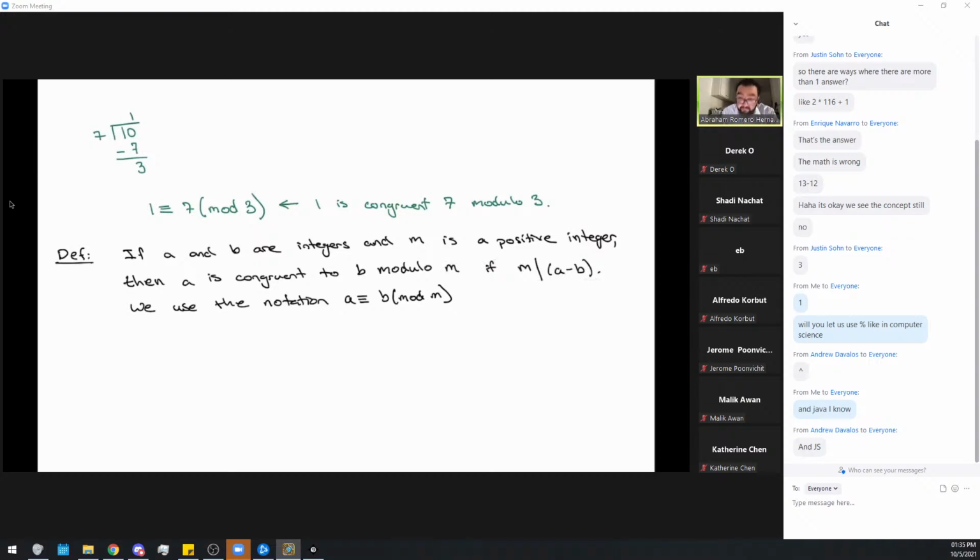Modulo M. Okay, so make sure you have those three horizontal lines, because if you mean A is congruent to B modulo M, but you don't write the three lines, you write an equal sign, I'm not going to assume that's the modulo definition here.